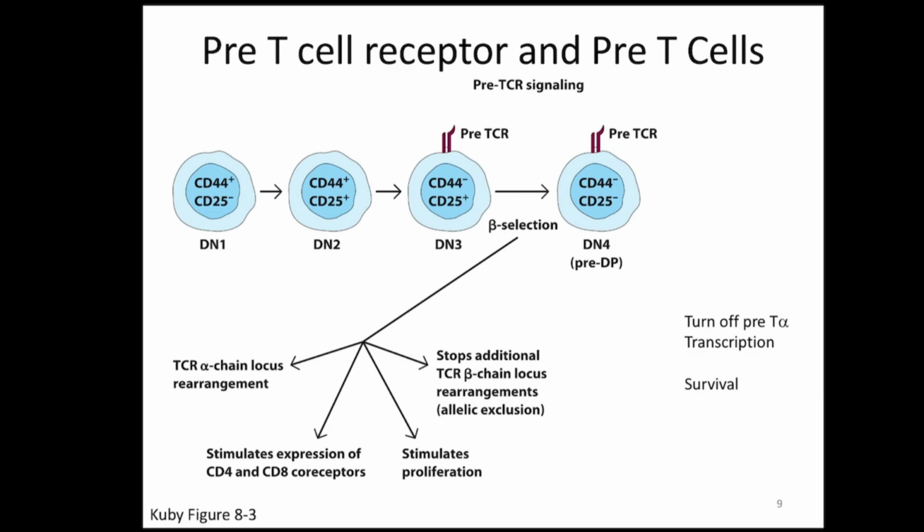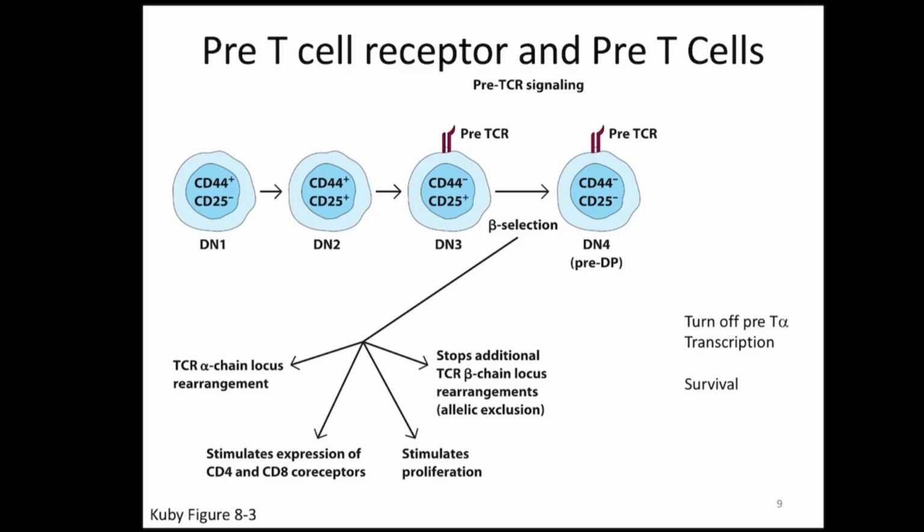And so many of these earlier steps, the allelic exclusion, the proliferation, the survival, the turning off transcription are sort of our DN3 to DN4. Turning on expression of CD4 and CD8 will sort of mark when you become a double positive. Once you actually make CD4 and CD8, you're now positive for CD4 and CD8. So you're a double positive.